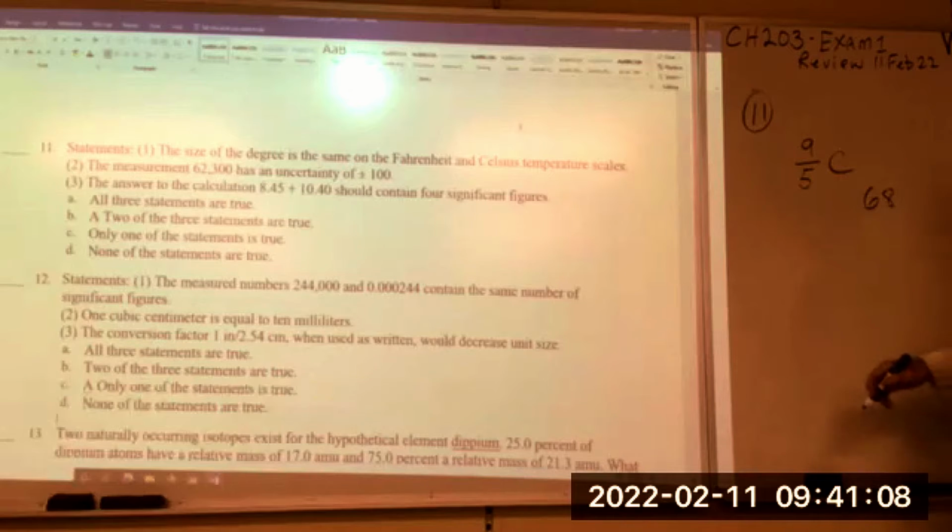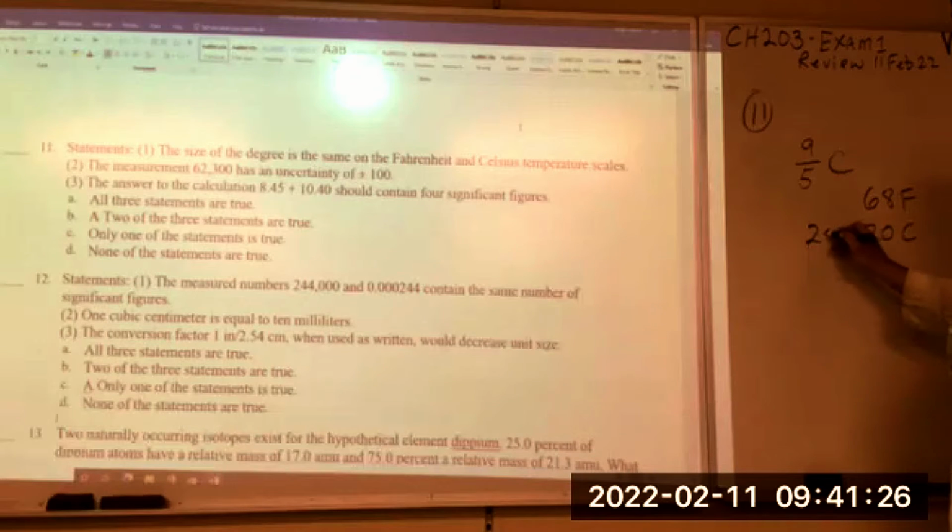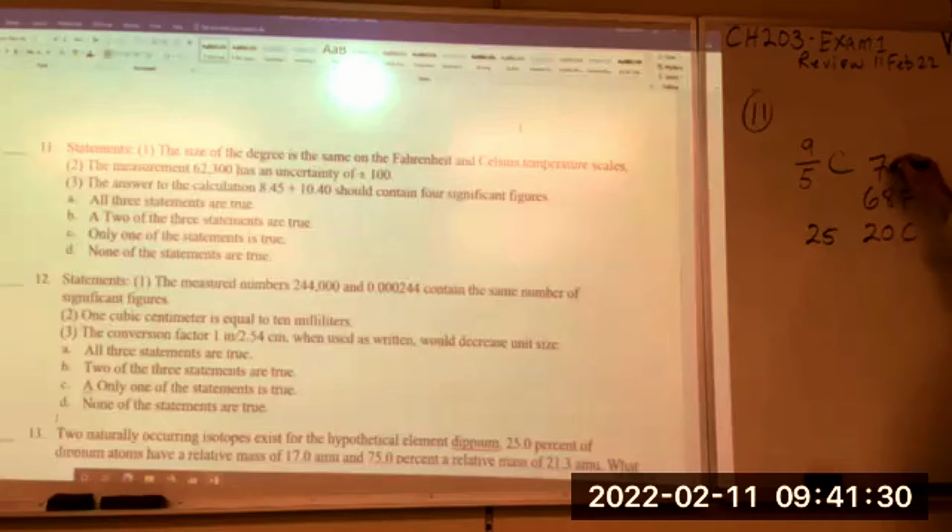If it says 20 degrees Celsius, I know that's 68, because I have it memorized. But if it's, say, 25 Celsius, then I know I just need to add 9 to that. And I know it's 77 Fahrenheit.